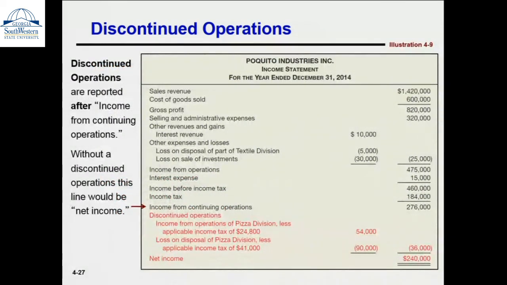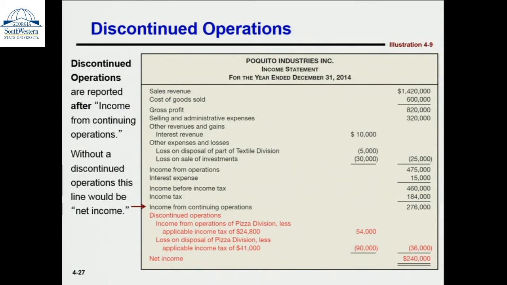Okay, so this shows you how discontinued operations are shown. Remember that last black line, if we didn't have these discontinued operations, this last black line here would just be net income. But since we have them, it says income from continuing operations, and then we separate out the discontinued operations.